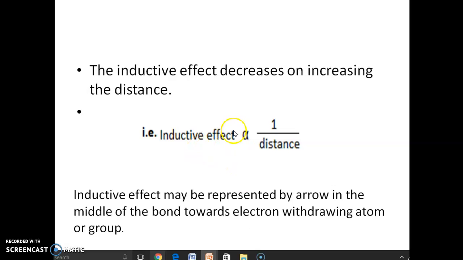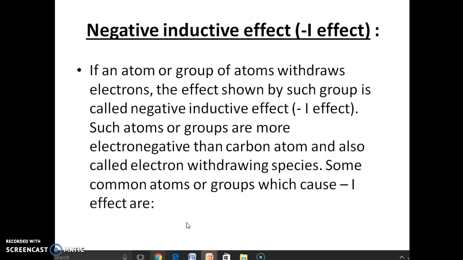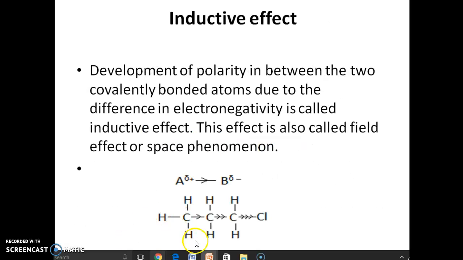So inductive effect is inversely proportional to the distance, which can be represented by an arrow in the middle of the bond towards the electron withdrawing atom or group. So I will show it here. This is the arrow which is pointing towards the carbon and the more electronegative atom. Similarly, you can show this by the arrow.